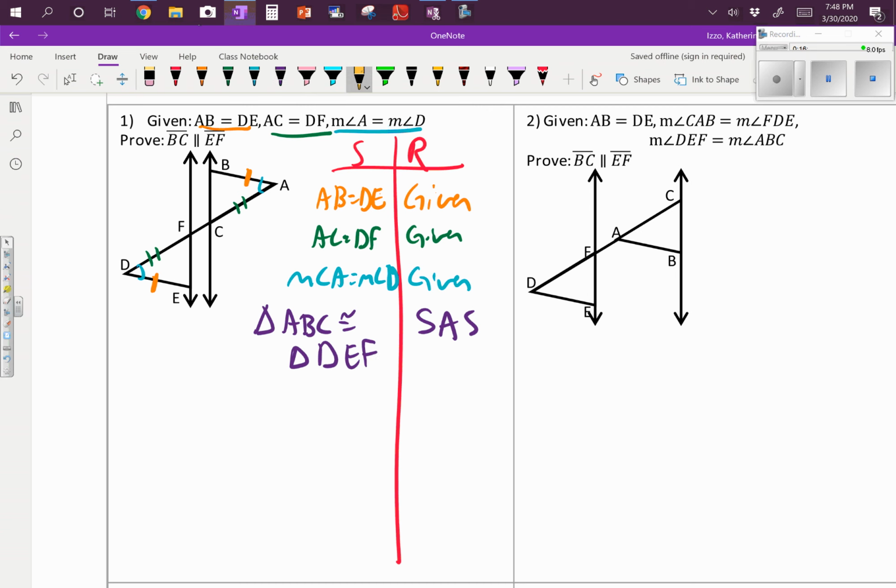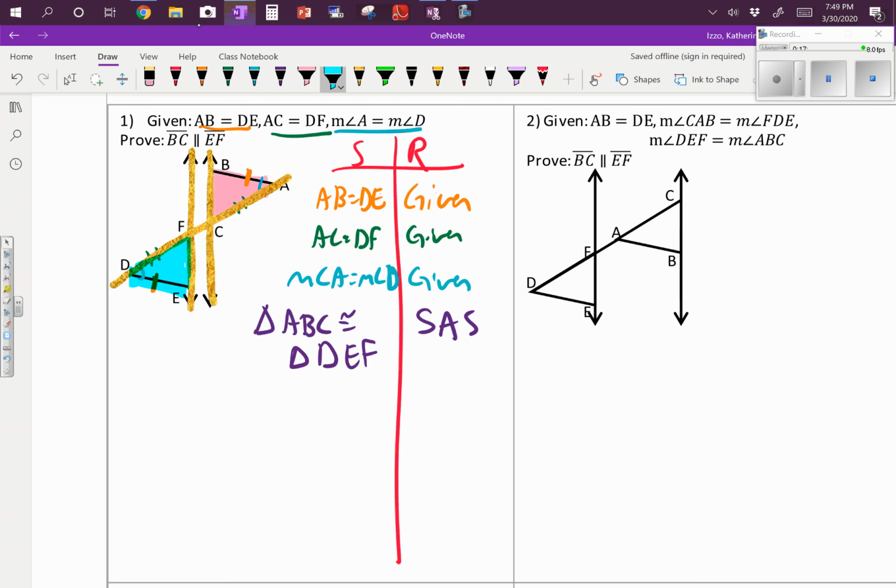Now, let's take a look at my beautiful sparkly lines that I want to make parallel. There's only one transversal in this case. Now, I have just proven this beautiful pink triangle right here is congruent to this beautiful blue triangle over here.